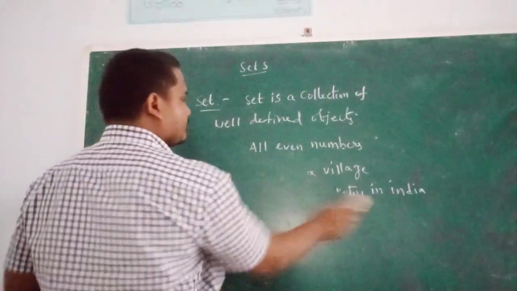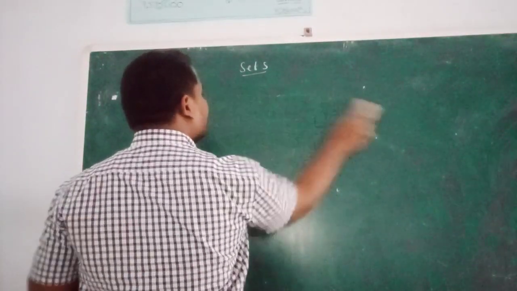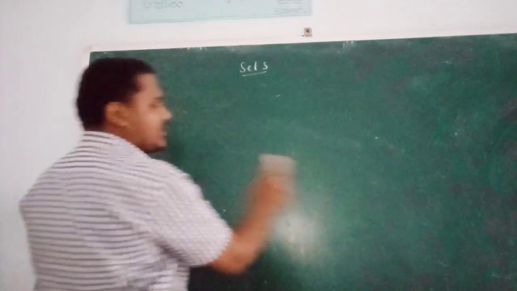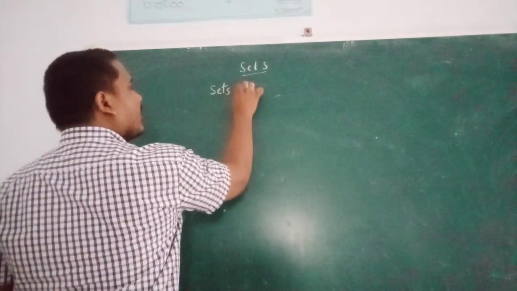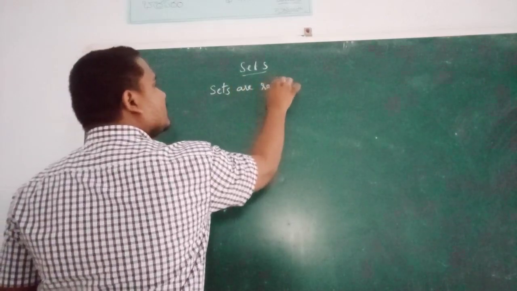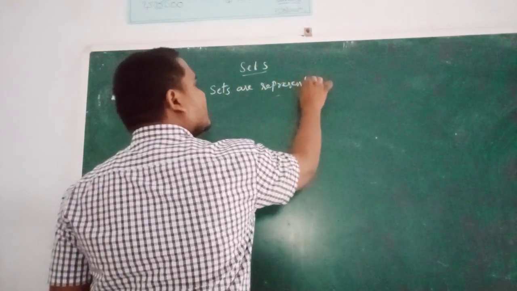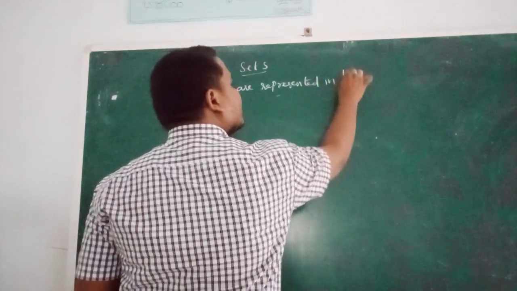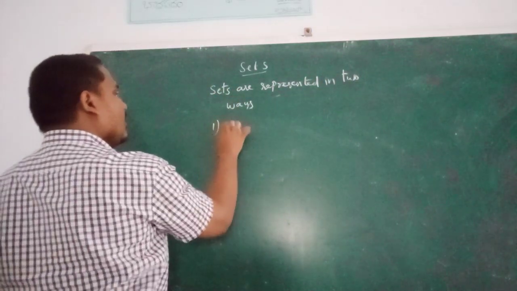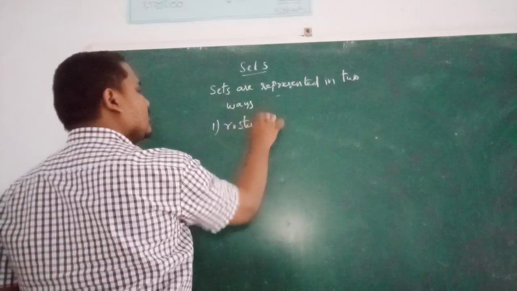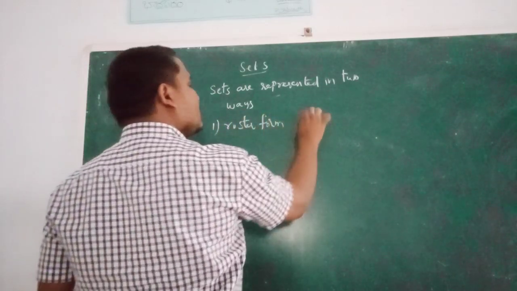Sets are represented in two ways. One is roster form and another one is set builder form.